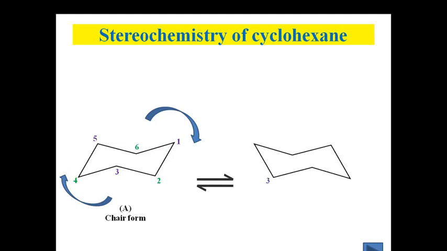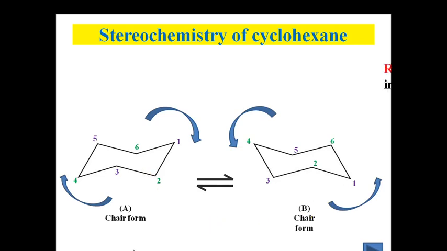So carbon number 1 goes down and carbon number 4 goes up, and you get another chair form, the B chair form. This is reversible. If you press carbon number 4 down and lift carbon number 1 up, you get the A chair form again. So one chair form is converted into another chair form.